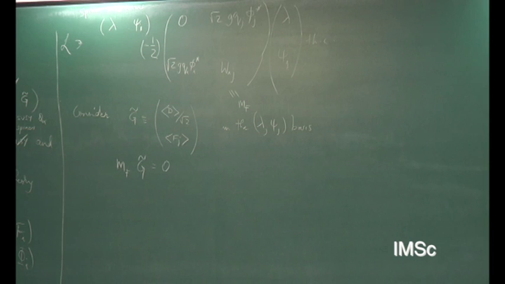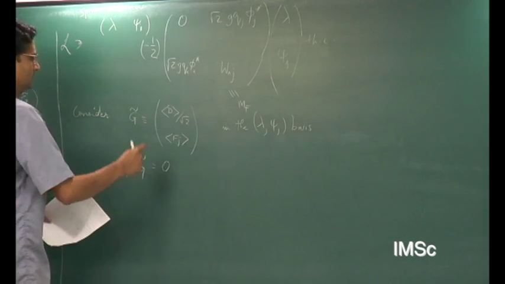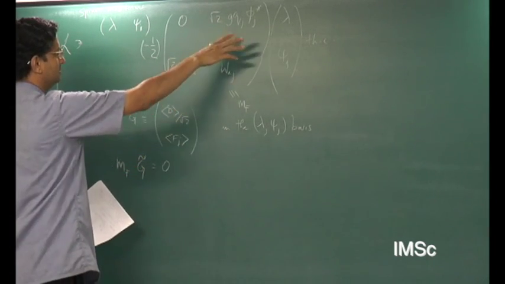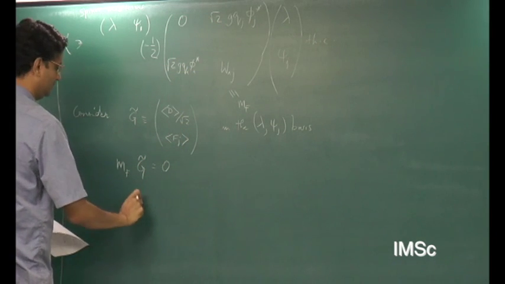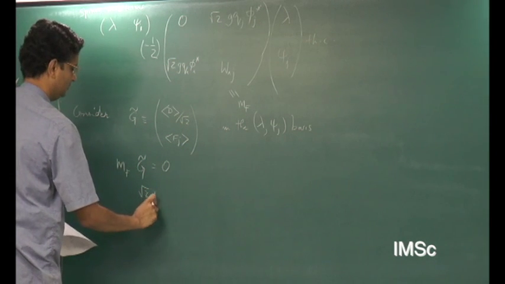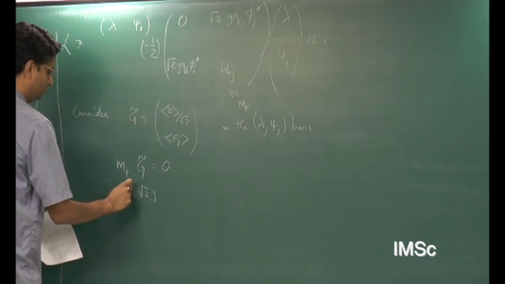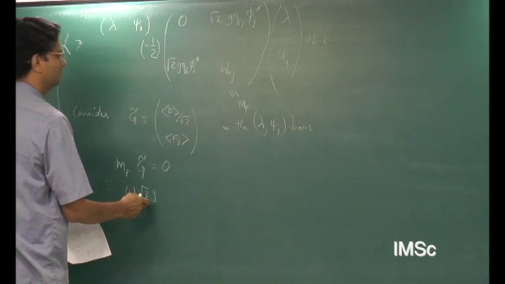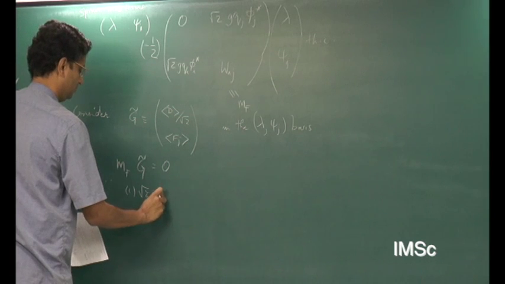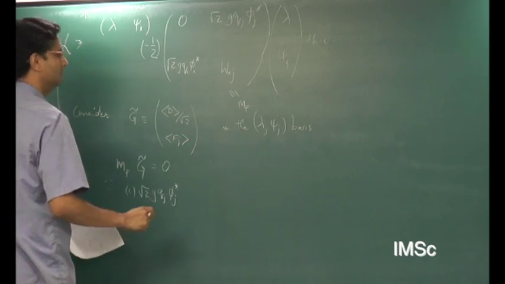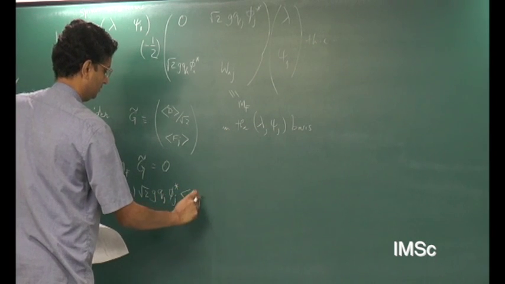This relation is true, and you can see because we'll just take the first row times that, so we'll say square root of 2 g times q_j star, and then F_j.